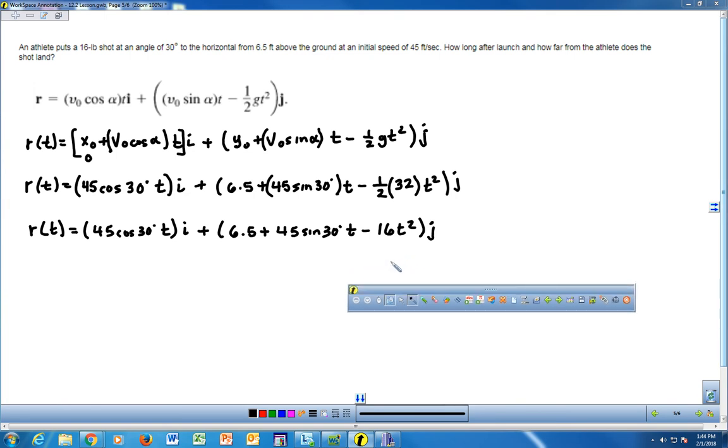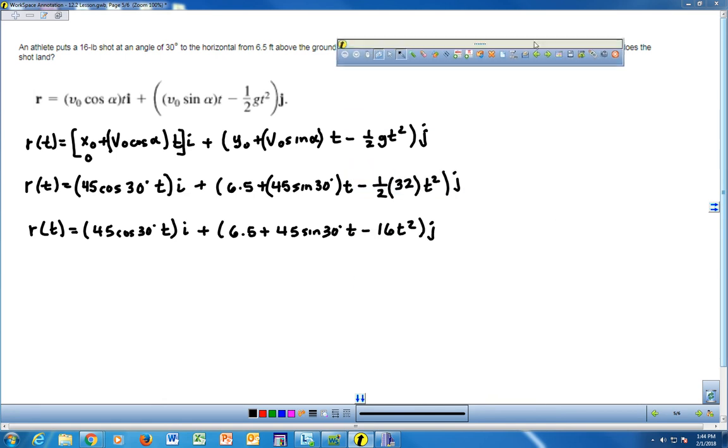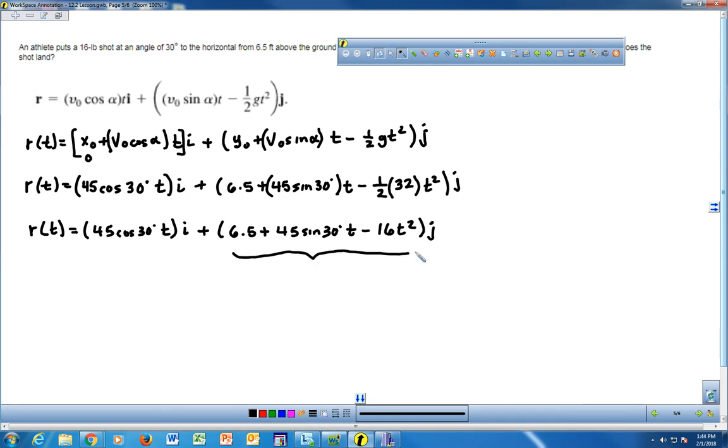Once again, it is asking how long after launch and how far from the athlete does the shot land. The shot lands when the height is 0. So we want to find the time it takes for this vertical component to become 0.